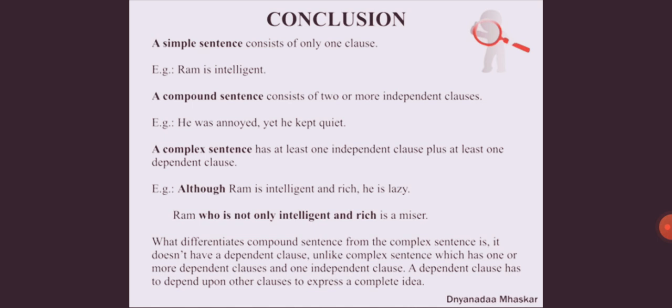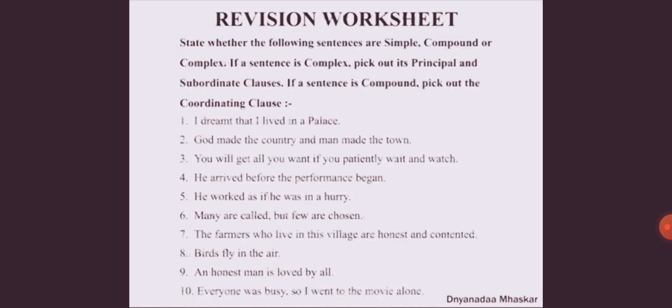What differentiates a compound sentence from a complex sentence? A compound sentence doesn't have a dependent clause, unlike a complex sentence which has one or more dependent clauses and one independent clause. A dependent clause has to depend upon other clauses to express a complete idea.